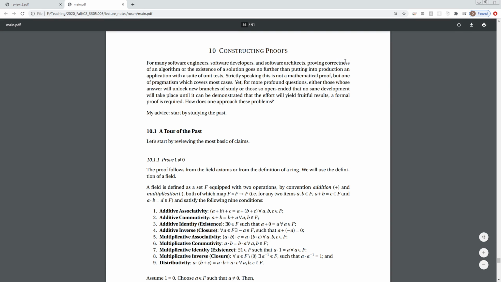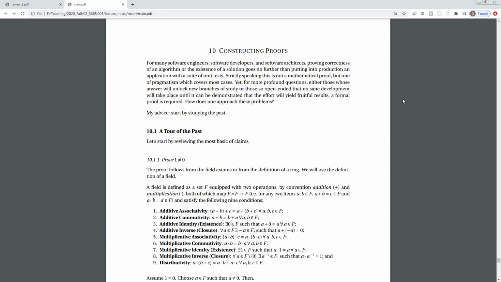Okay, so leading into the third part of the semester, I wanted to cover just some approaches for proofs. So either in this class or in general, you may find yourself having to prove something or wanting to prove something. And so this is kind of how I view it, and kind of the insights that I've gained into it.